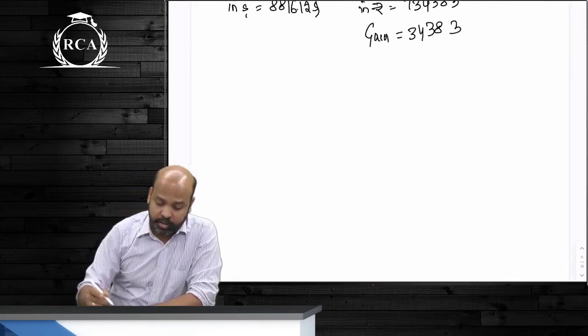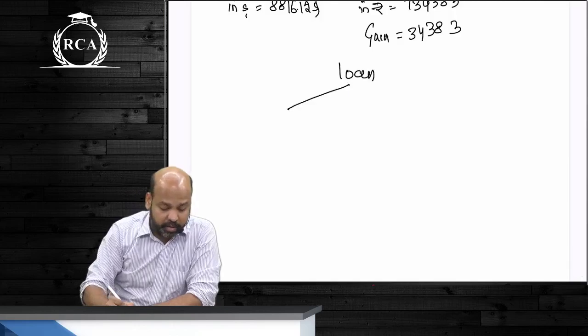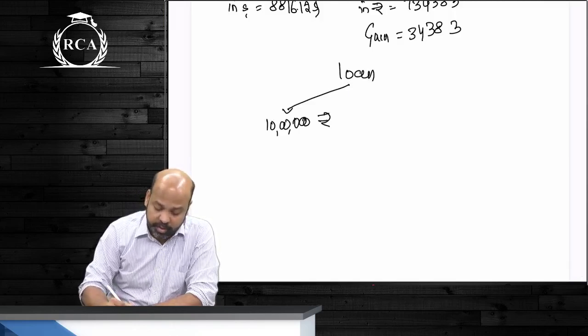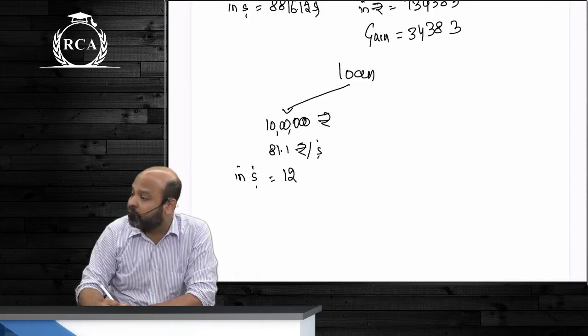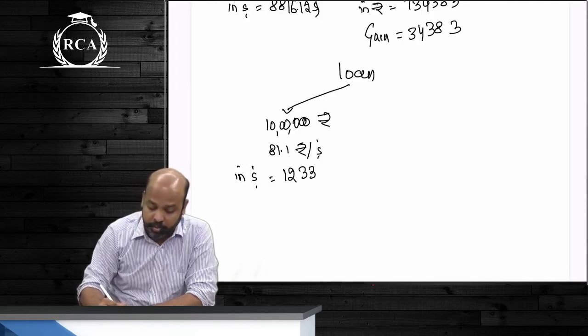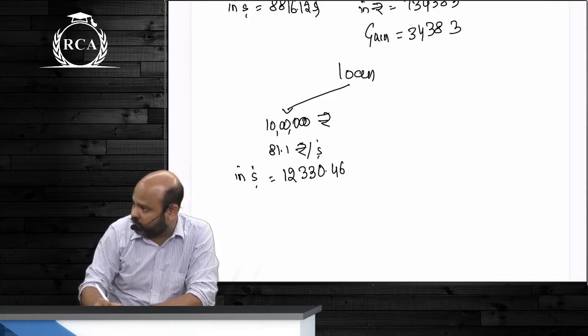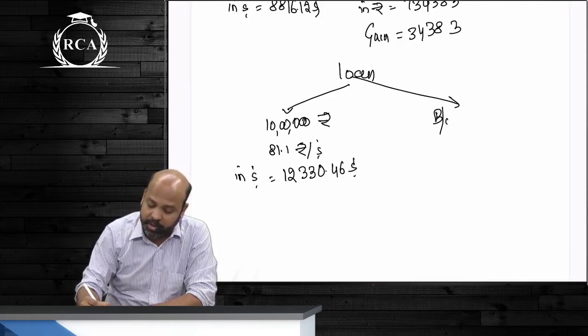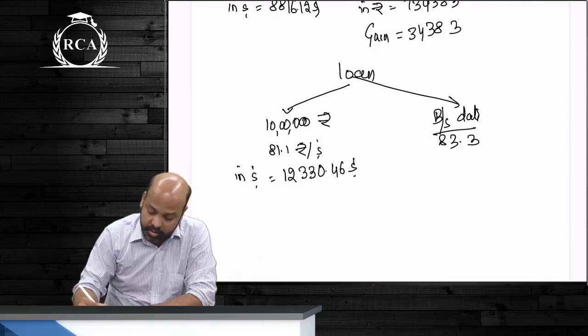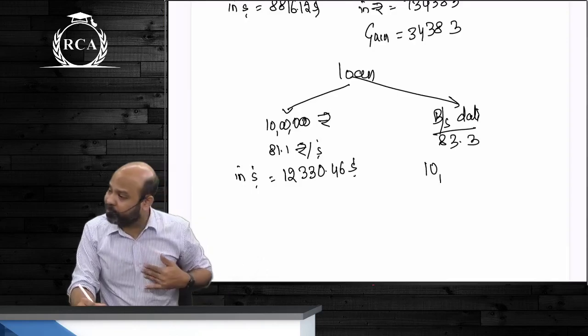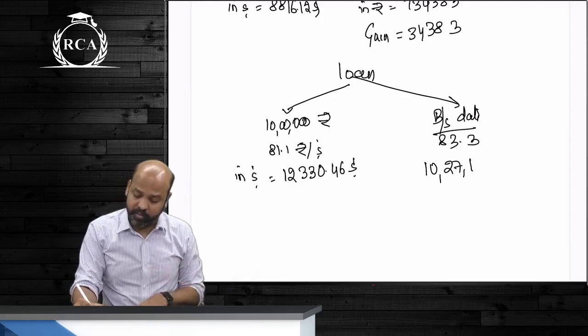Now loan के लिए भी करो बेटा. How much is the amount guys in rupees? 10 lakh rupees. What is the exchange rate guys? 81.1 rupees per dollar. In dollars, what will be the amount guys? 12,330.46 dollars. बैलेंस शीट डेट के दिन बेटा कितना रेट है? 83.3. हाउ मच विल यू रीस्टेट इट एट? 10,27,127.